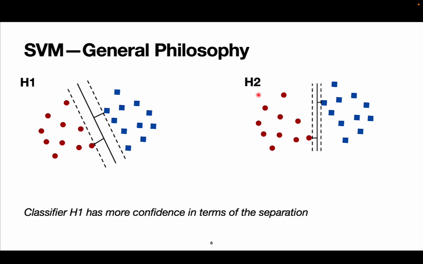With all else being equal, we prefer the line with a larger margin because this gives us more confidence in the separation.